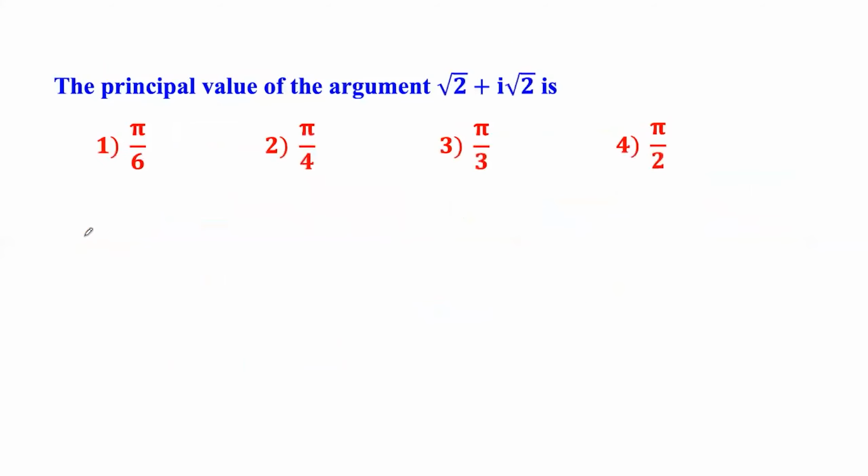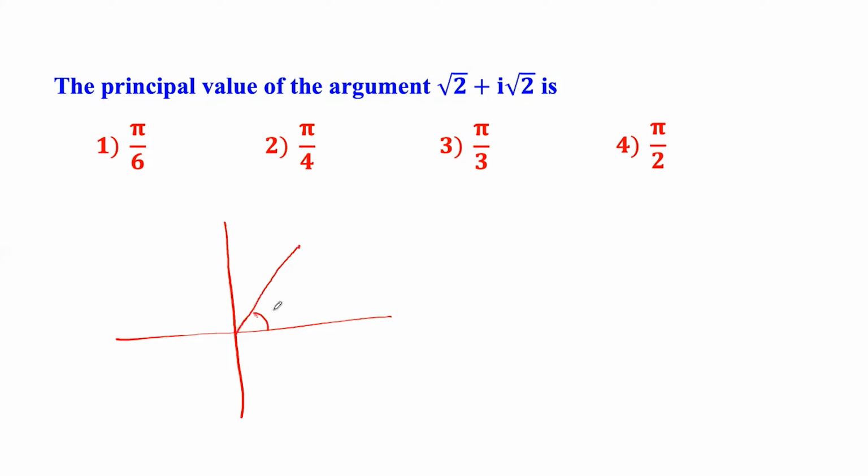Okay. Now, the principal value of the argument of this is given: root 2 plus i root 2. See, this is in the first quadrant, the point root 2 comma root 2, where both x and y are the same.